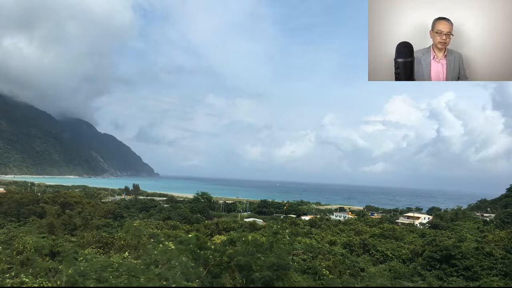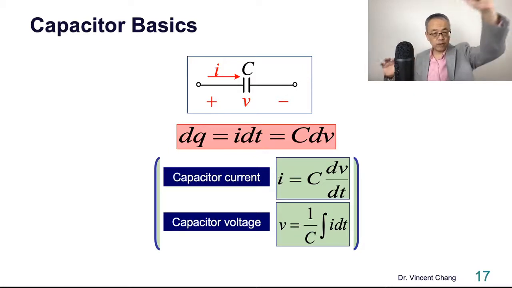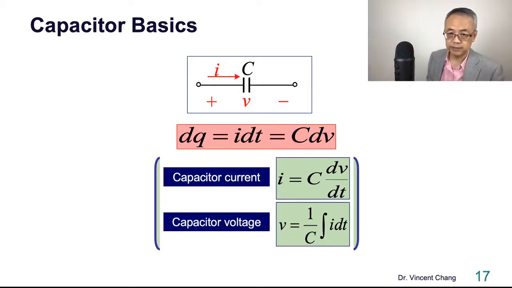Are you struggling? Because of the capacitor, you kind of get stuck when you see the capacitor. I told you this before, right? The red highlight. You don't need a very high level of theory before you can solve the capacitor in the time domain.